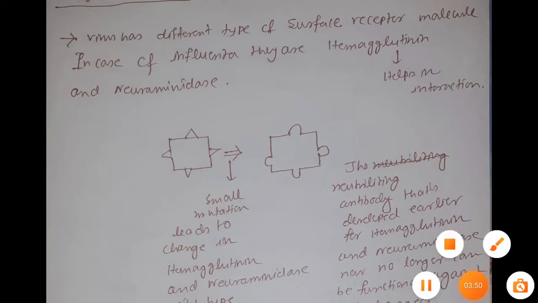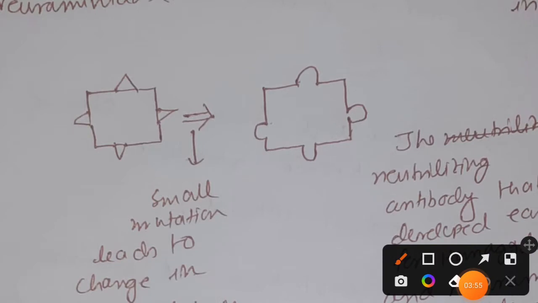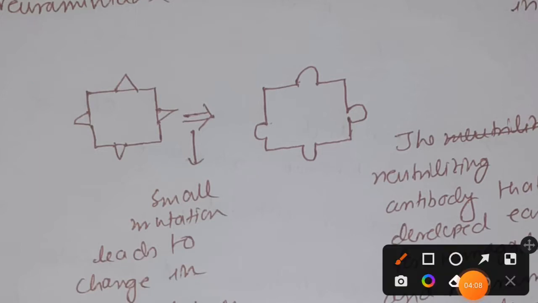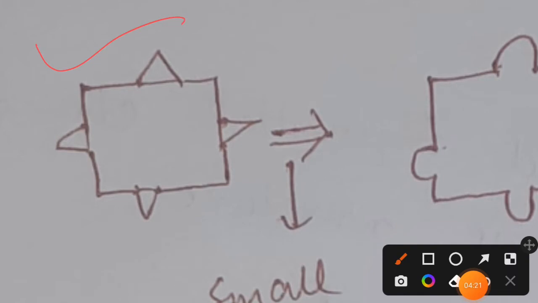Now, what is the utility of antigenic drift in terms of the virus? Remember, antigenic drift is commonly observed in the case of influenza virus. The surface receptors present on the surface of influenza virus are hemagglutinin and neuraminidase. Suppose this is an influenza virus and these are its spikes or surface receptors.